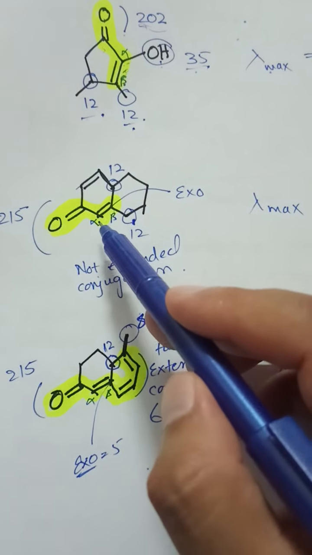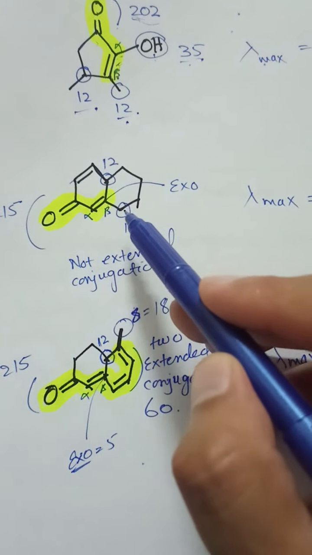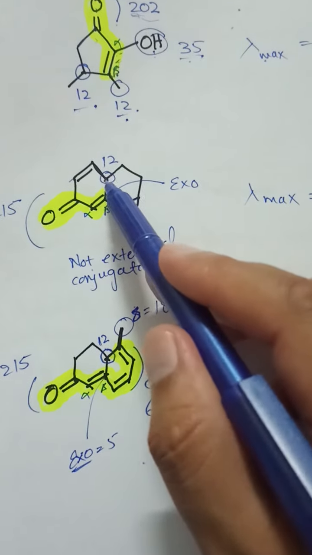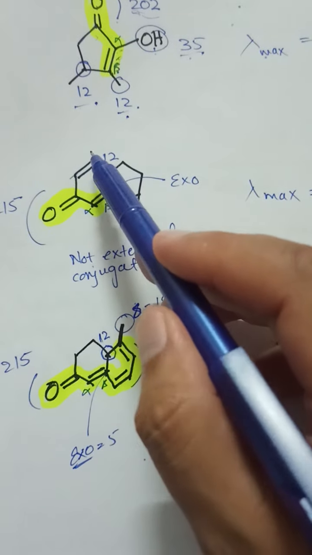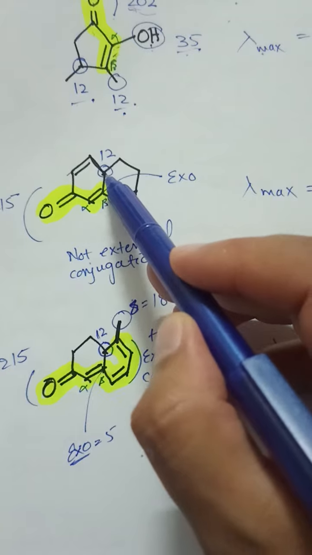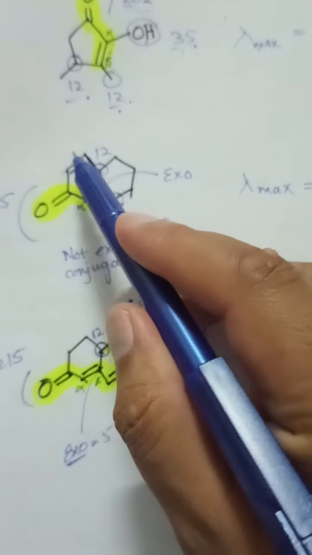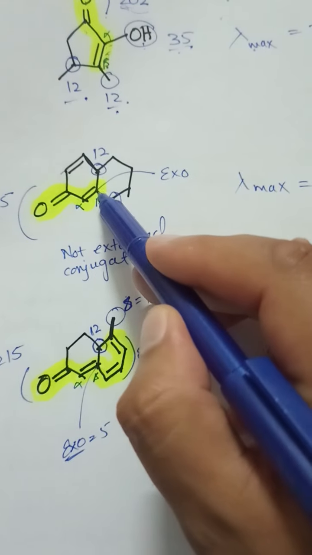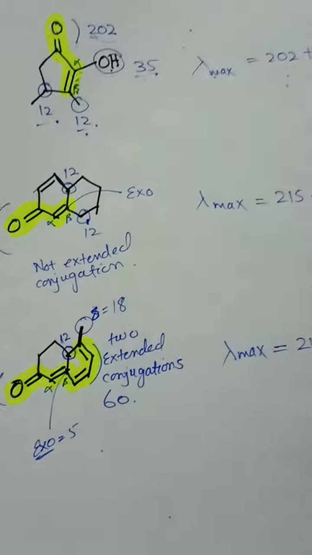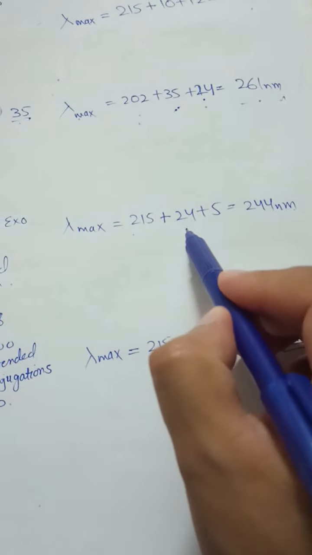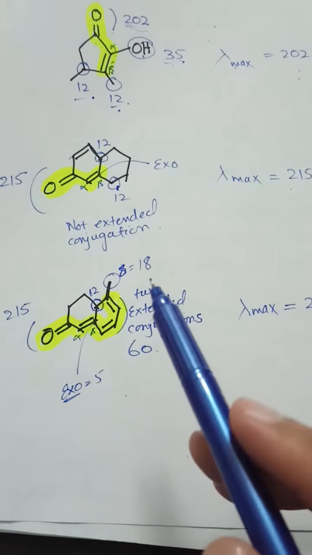If we look here, it will give a greater value of the lambda max because of these two alkyl residues at the beta position, 12 plus 12, but in this case at the beta carbon there will be only one alkyl residue. Similarly, here there is no exocyclic double bond, but in this case there will be an exocyclic one, so 5 nanometer will be added more. So in this case 215 plus 24 plus 5, so 244 nanometer will be the lambda max.